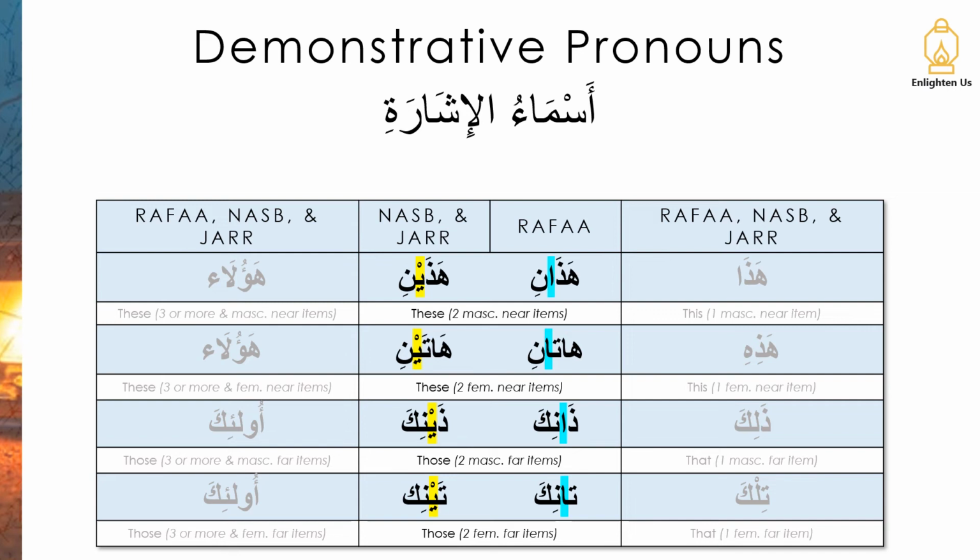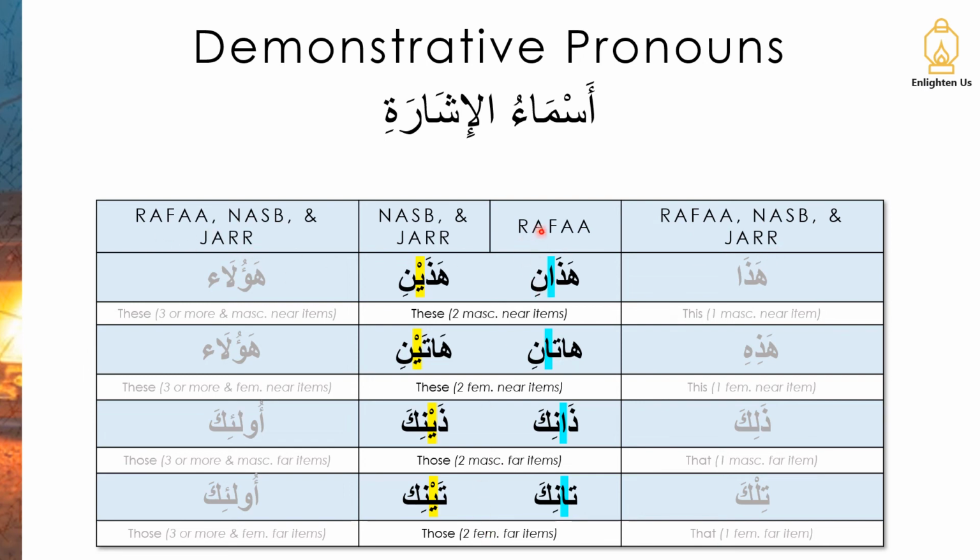I want to move on and I want to talk about states. And if you remember from previous videos that we've done, we've said isms have a state. Now they're called asma al-ishara. Asma al-ishara are isms, and undoubtedly they also have a state. If you'll notice, for the singular and for the plural, how the word looks remains consistent whether the word ism al-ishara is in rafa, nasab or jar. Same with the plural.